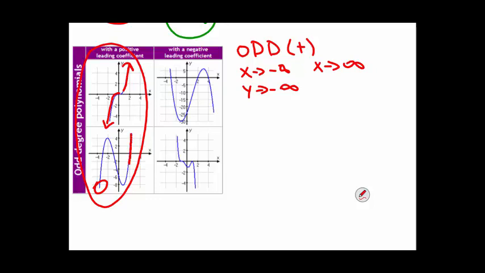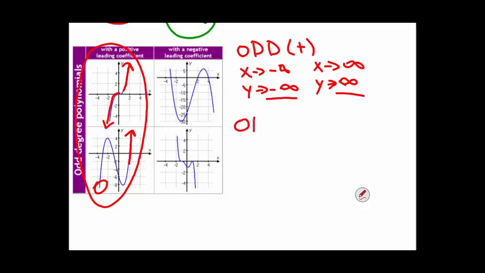So notice, before, the even degrees always ended in the same direction with the y values. But these two are flip-flopped. This is negative infinity and positive infinity. So that's one of the characteristics of an odd degree polynomial.